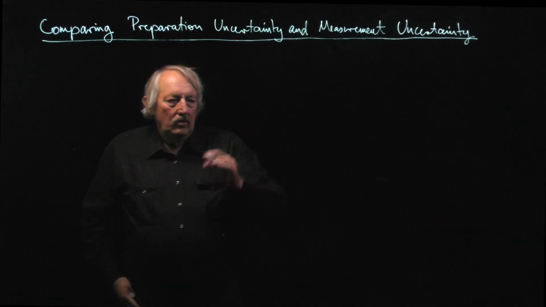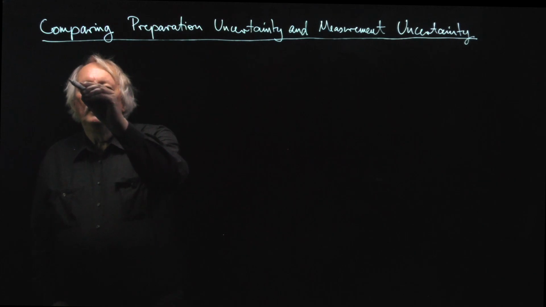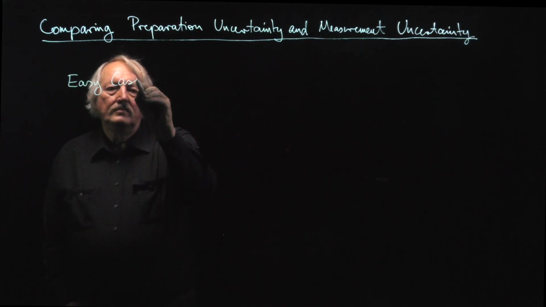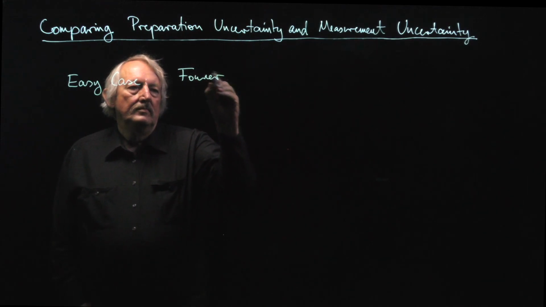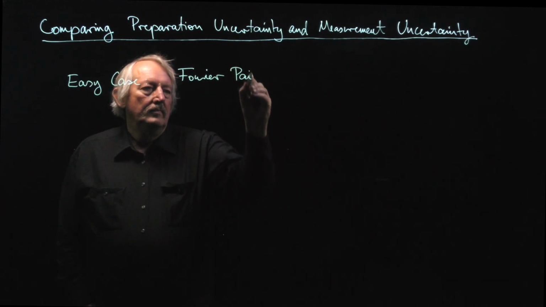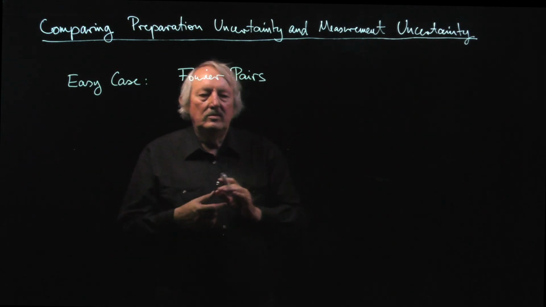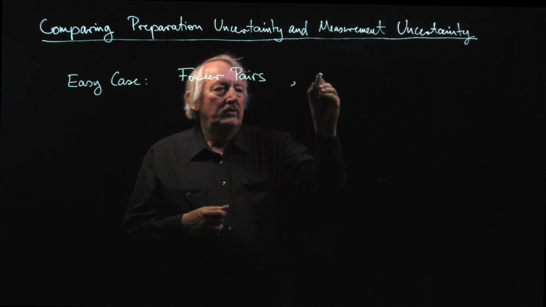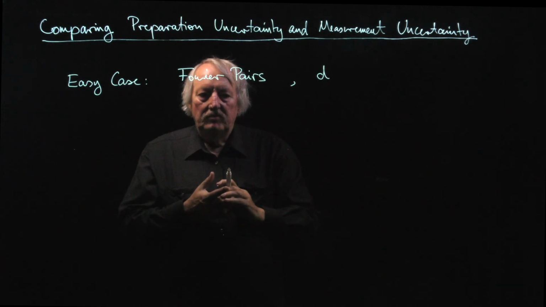Okay? I already mentioned one case of this comparison, right? So one, let's say, easy case, those are the Fourier pairs. I'll explain a little bit more what I mean by that, maybe slightly more abstractly. And the metric that we choose, in these cases, actually the outcome spaces have the structure of a group.